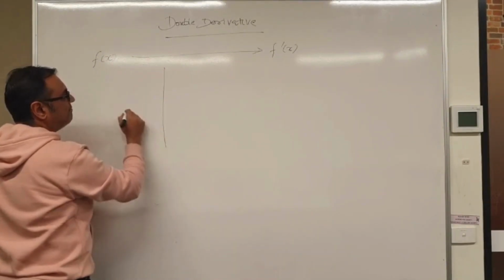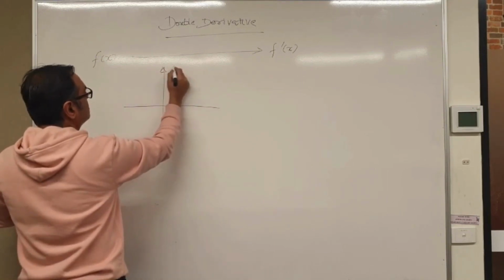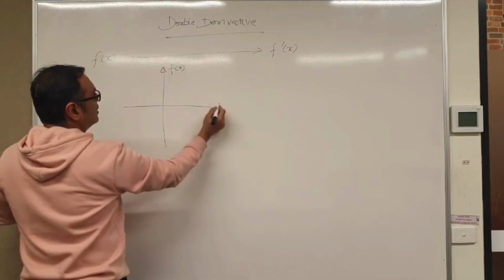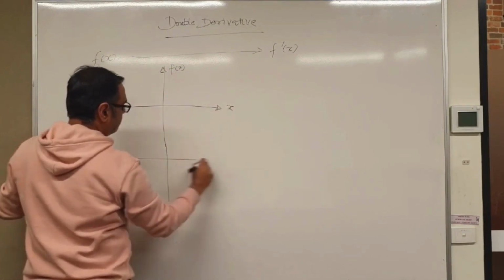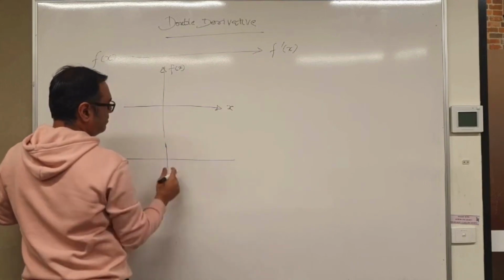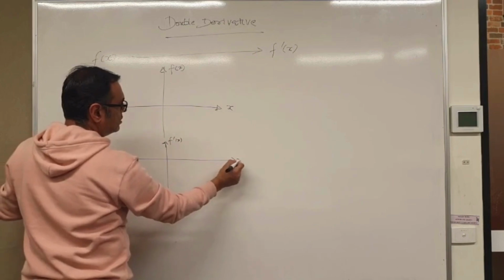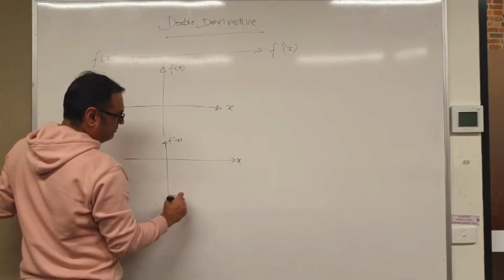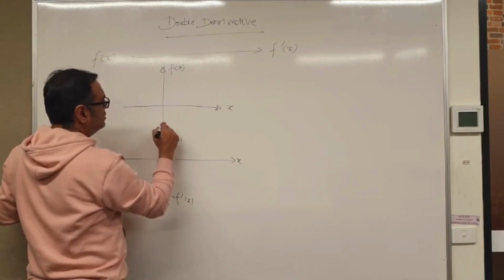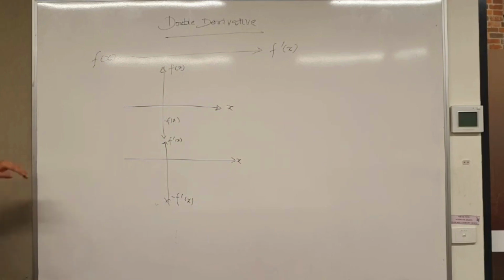If I have a graph like this, this is f of x, and this is x, and I draw another graph which is f dash x against x. Obviously this is negative f dash x and this is negative f of x.